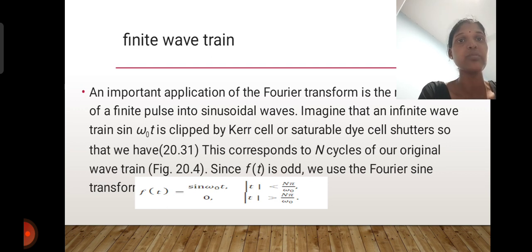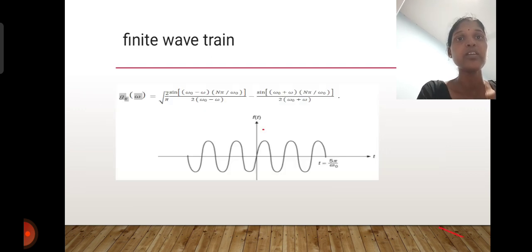We are using this formula for the infinite wave train, where g of s of w is equal to root 2 pi, sine of the bracket w0 minus w times n pi by w0, divided by 2 times w0 minus w, minus sine of the bracket w0 plus w times n pi by w0, divided by 2 times w0 plus w.